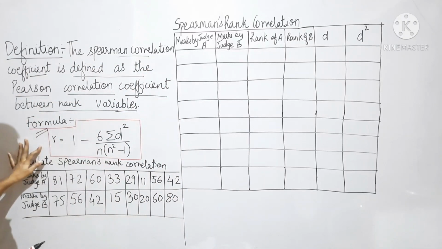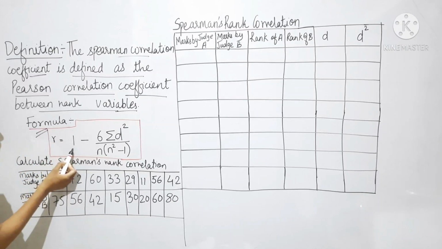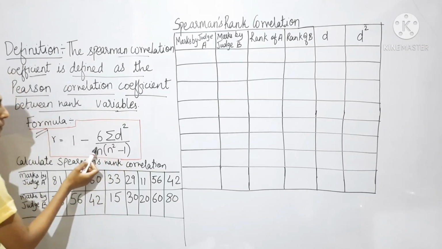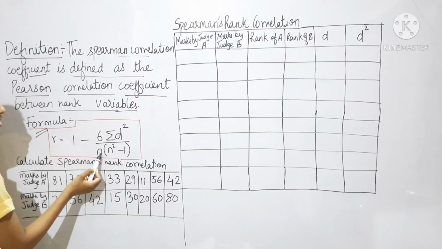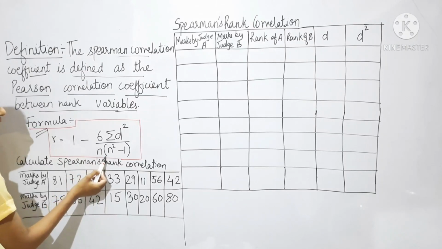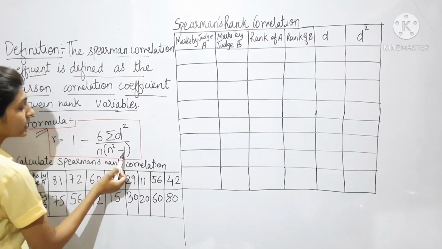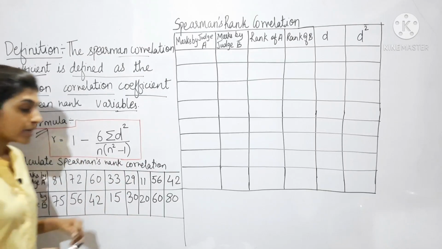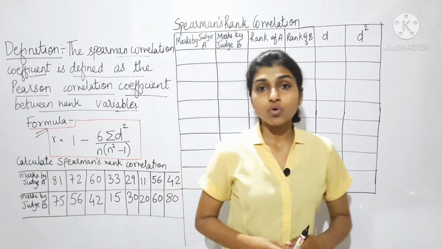We are going to use this formula to calculate rank correlation. I will repeat the formula again: R is equal to 1 minus 6 summation of d square divided by n bracket n square minus 1 bracket close. Okay, now let's see one example of how to calculate rank correlation.